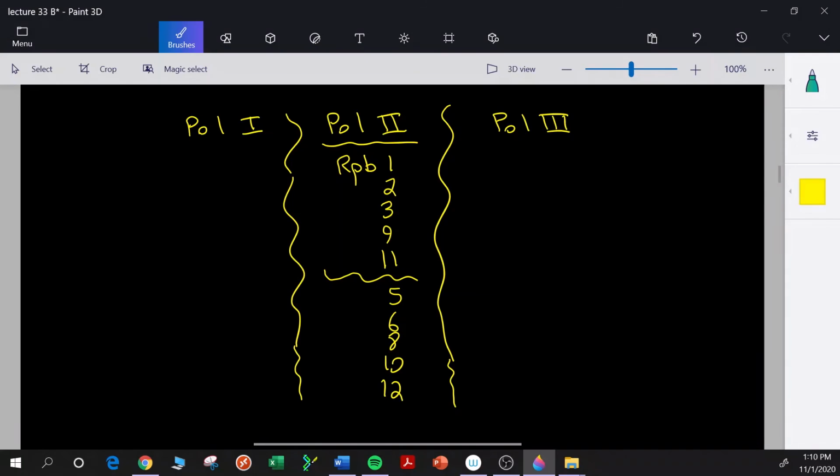Interestingly, each of these, pol 1, pol 2, and pol 3, all have 10 subunit cores. So 10 proteins make up the core of these polymerase holoenzymes, and we call it a holoenzyme when more than one protein is involved in making the functional enzyme. These same proteins, RPB 5, 6, 8, 10, and 12, are also found in pol 3 and pol 1.